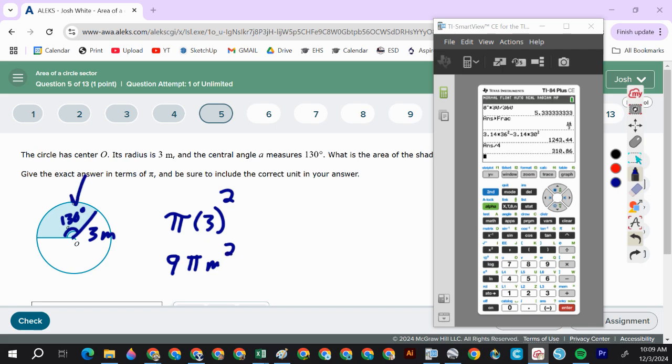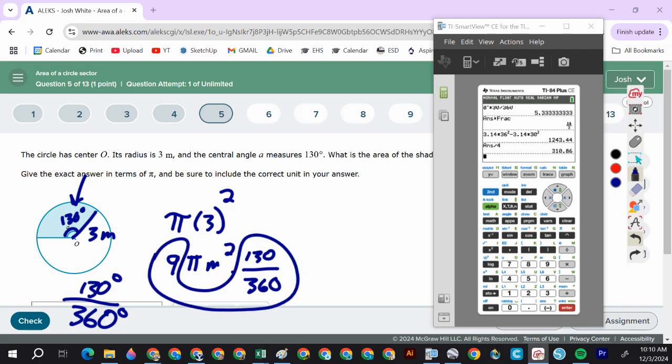But this piece is only 130 degrees out of the full 360 degrees. So I need to times this by 130 over 360. And because I want the answer in pi, I'm just going to stick the numerical portion into my calculator.